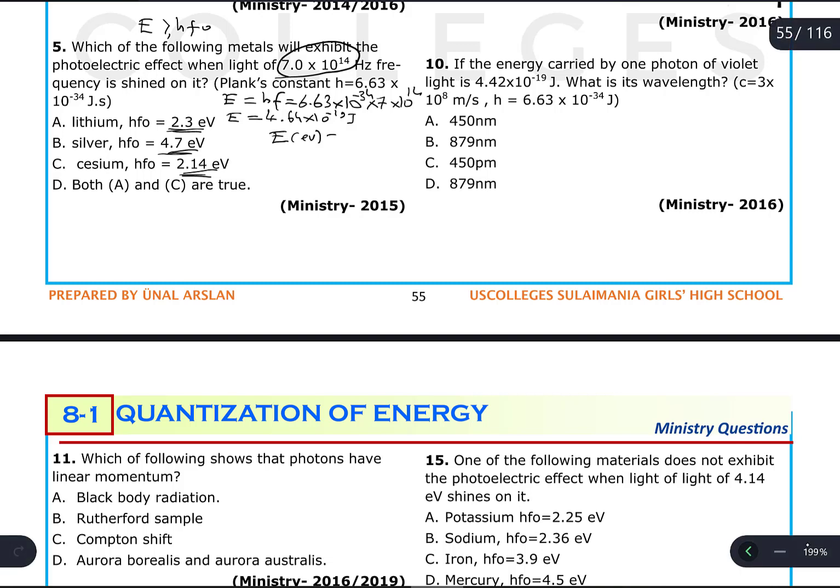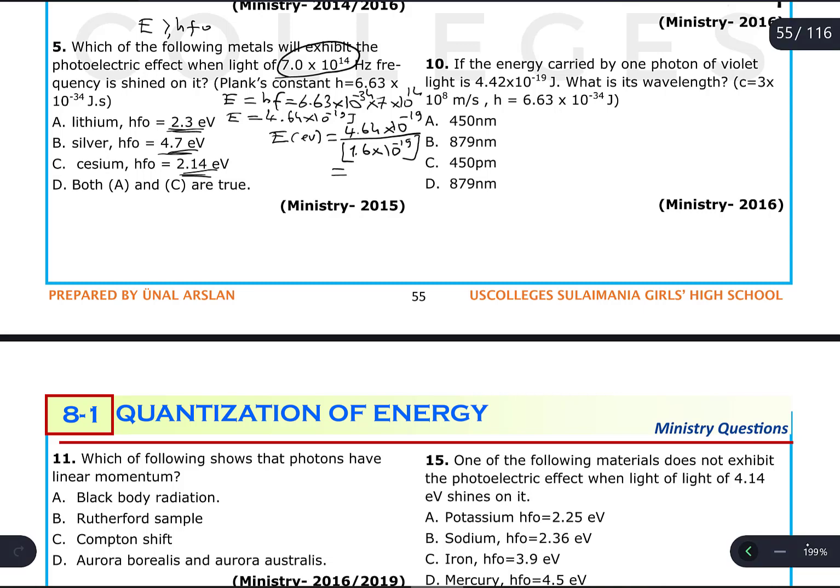How much is the energy of the photon? We can convert joule to electron volt by dividing by 1.6 times 10 to the power of negative 19. So this is the energy in joule for a single photon divided by 1.6 times 10 to the power of negative 19. Answer is 2.9.